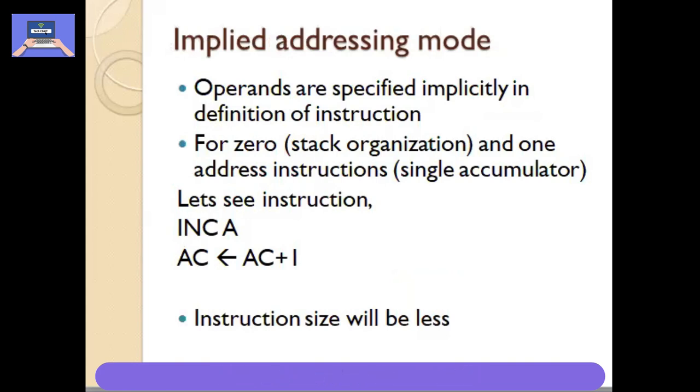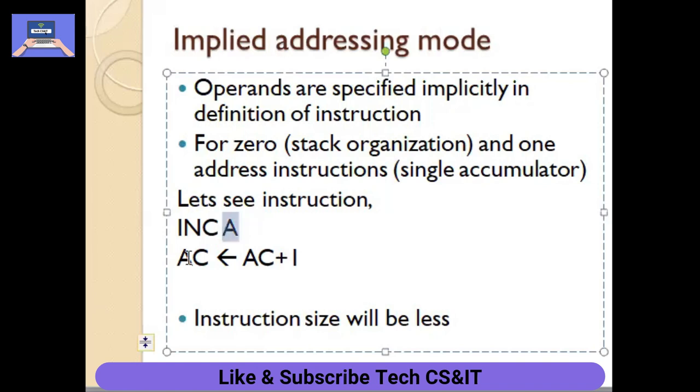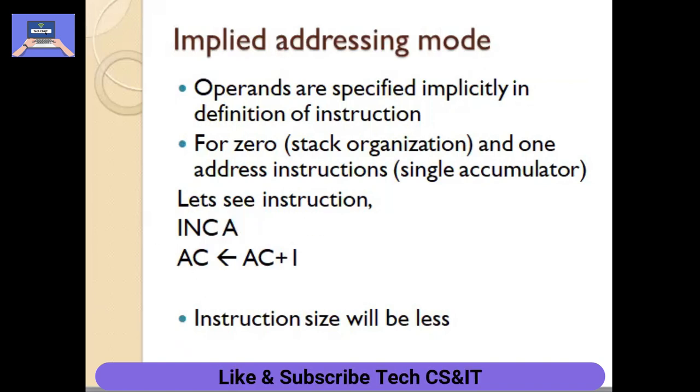This is basically used for zero stack organization and single accumulator. For example, if we have the instruction increment A, in the accumulator we have to increment by 1. So it is already given that we have to increment the accumulator register. It is very explicitly given.